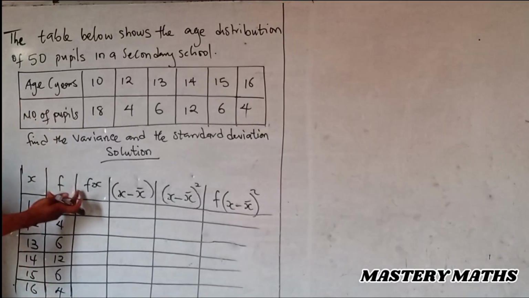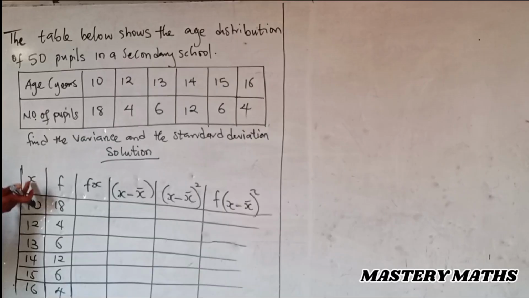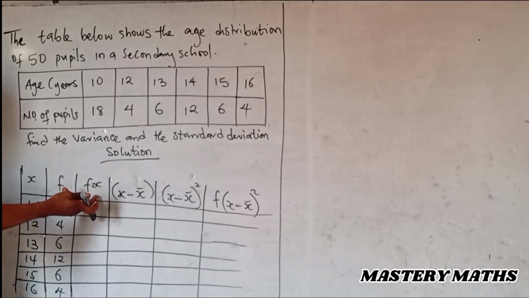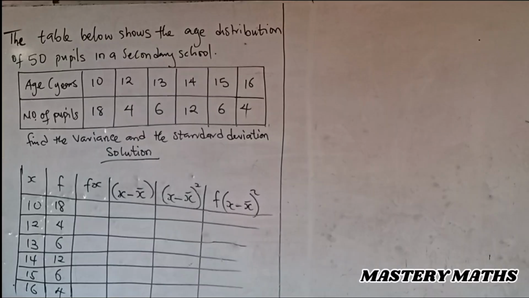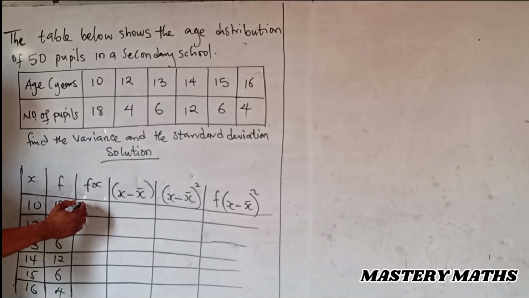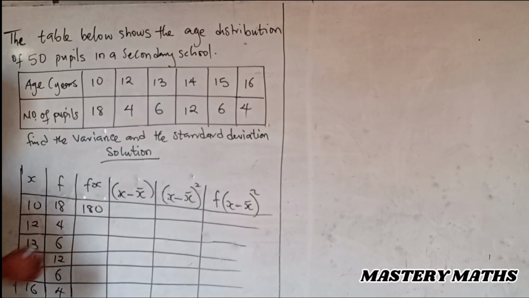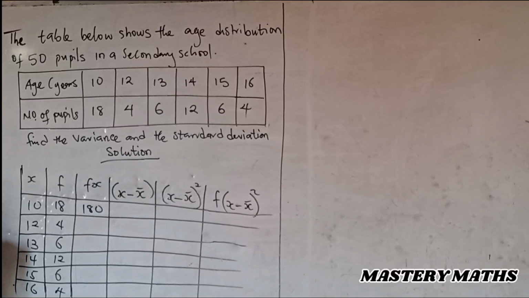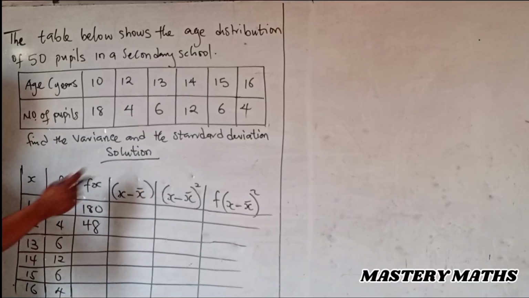The next table is Fx. You use the value to multiply the frequency. Now, let's multiply this. You have 10 times 18, which gives us 180. Then the next one, 12 times 4, which is 48.